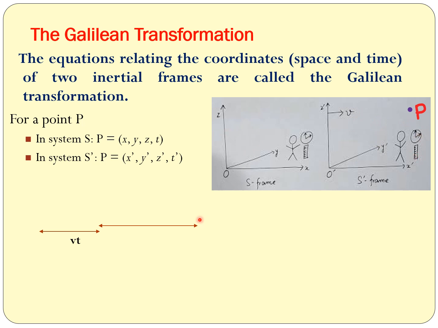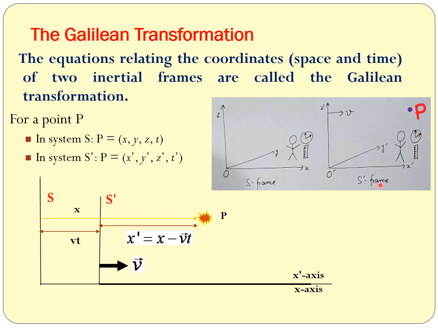Using these equations we can understand that if the motion is only in the x direction, for simplicity, S and S prime were at the same point at t equal to t prime equal to 0. Initially they were at the same point O, and now S prime is moving with some constant velocity v.